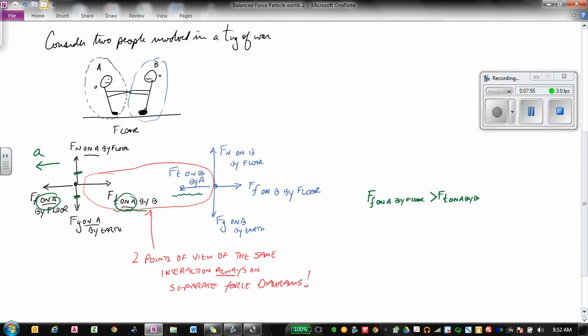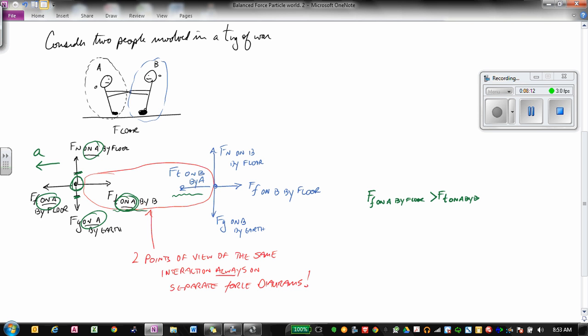It is built into our definition of force. Those 2 points of view are always acting on different systems. But the way we explain why one particular system, in this case A, changes its motion in any way is by looking at all the forces only from A's point of view.